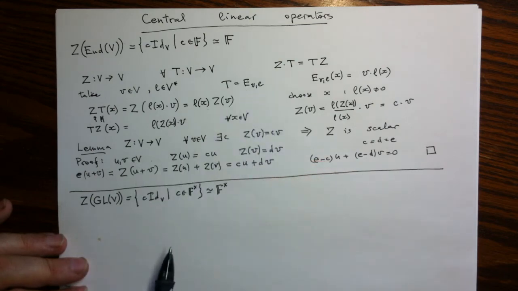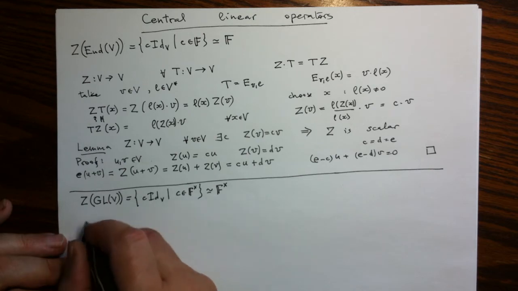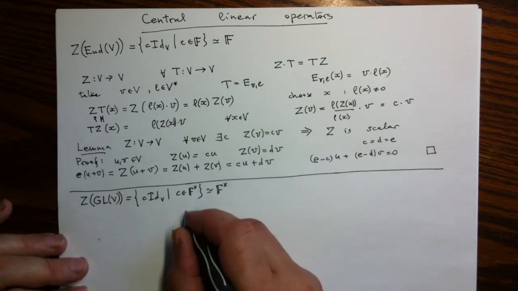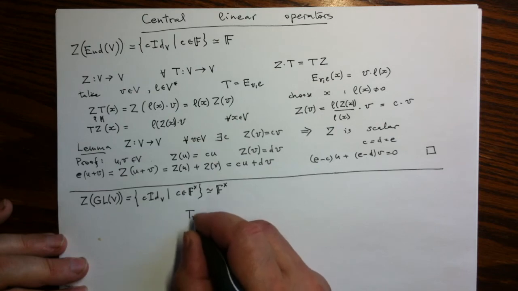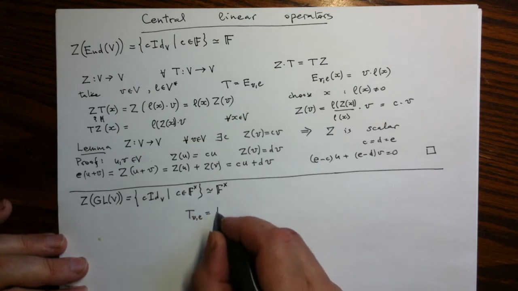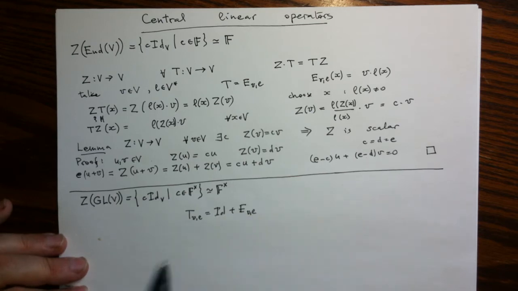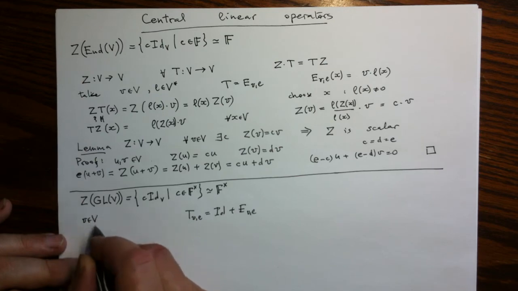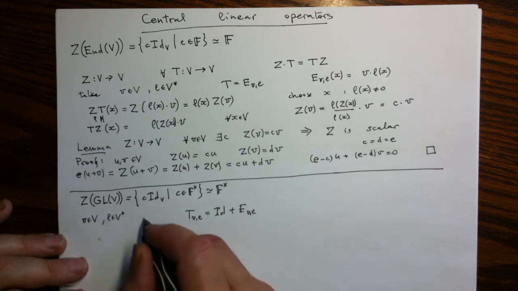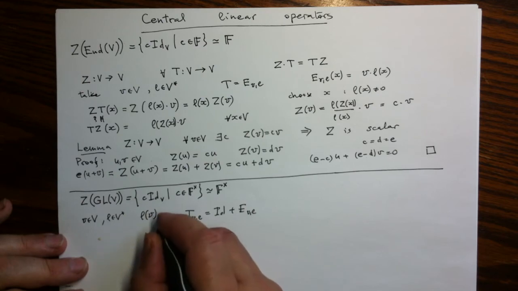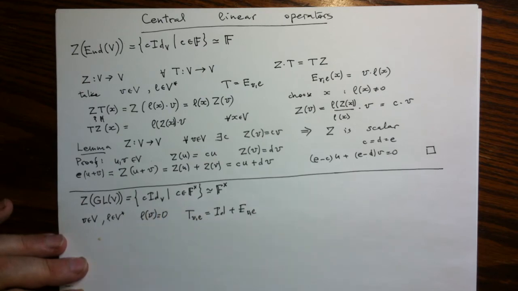The proof is very similar, but I will have to use something else rather than these rank 1 operators. Rank 1 operators are usually non-invertible unless the vector space is of dimension 1. So we have to imagine something else. And the thing I will imagine is the following. I will call it T_vl. That will be, in short, just the identity operator plus E_vl. To make it invertible, I need to assume something about my pair of a vector and a linear function. I need to choose them such that the value of the linear function on the vector is 0.